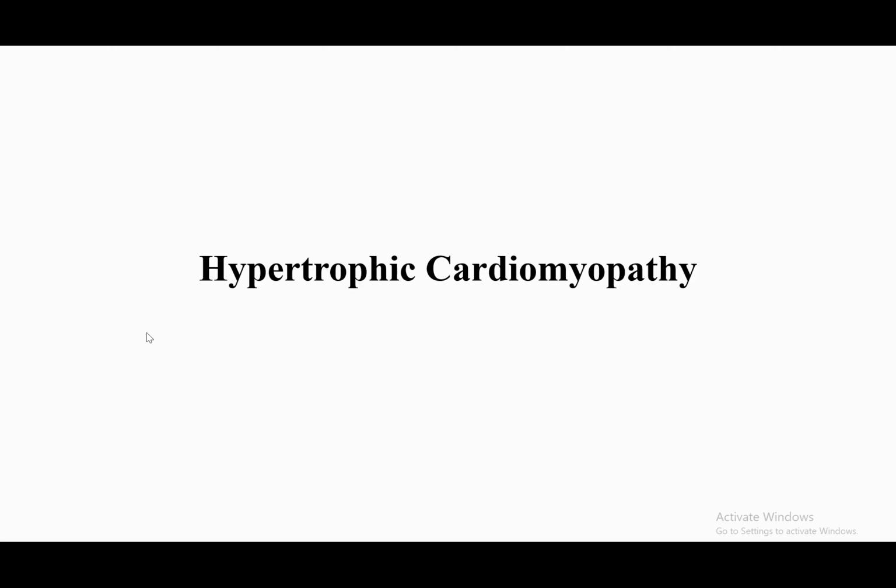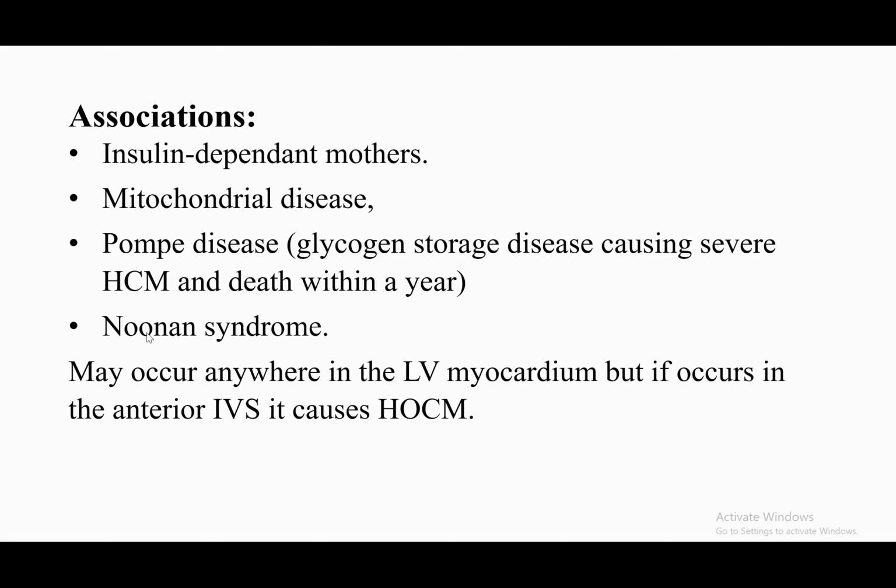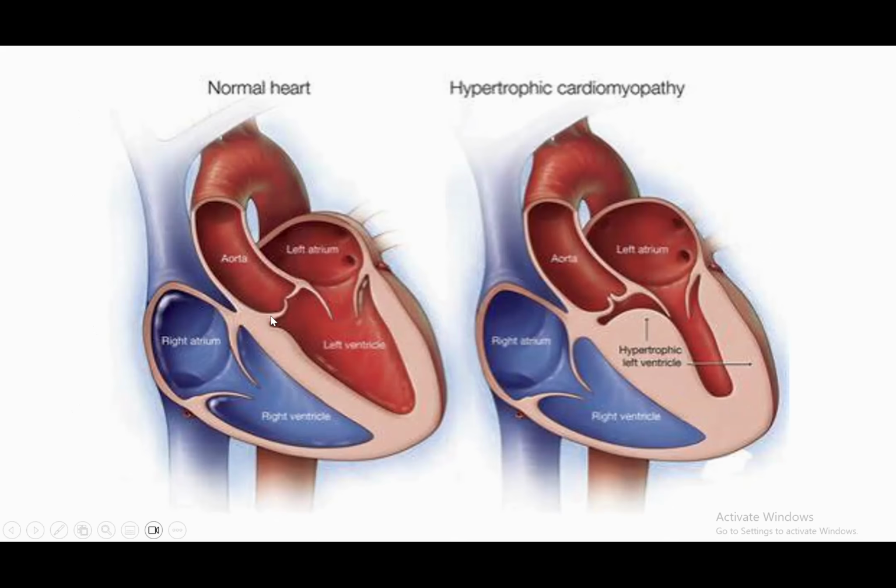Now, hypertrophic cardiomyopathy. Hypertrophic cardiomyopathy is a disease in which the myocardium hypertrophies abnormally. What concerns us is hypertrophic obstructive cardiomyopathy, that is hypertrophy in the outflow tract, or in the subvalvular area, or in the septum just below the outlet, causing narrowing and obstruction.